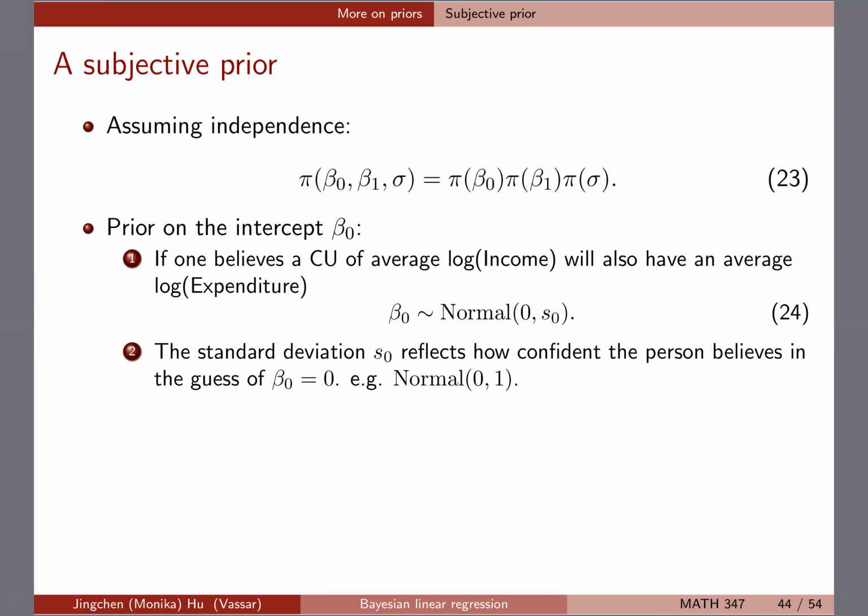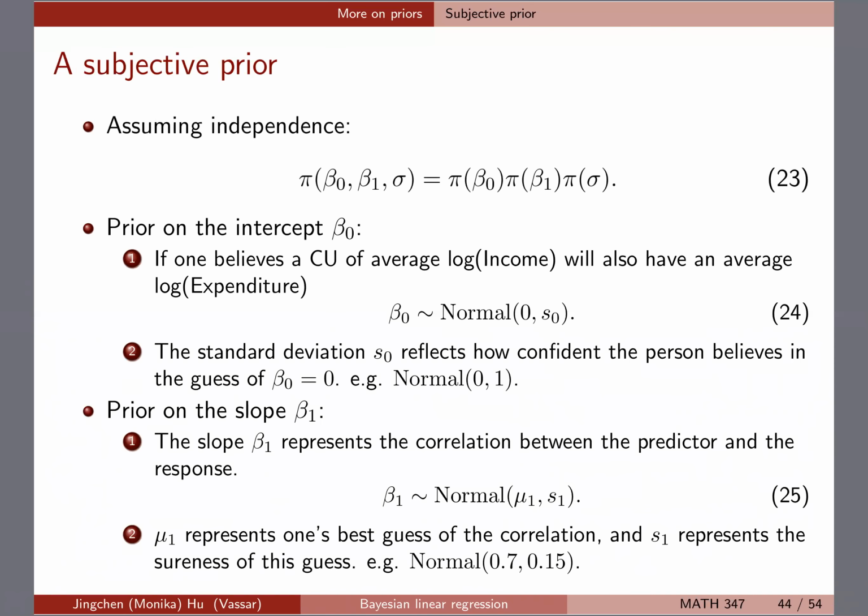And the standard deviation in the prior reflects how confident you are about this relationship. In fact, normal 0, 1 is pretty strong in that case because we already standardized the data. So you can give normal 0, 1 as the prior for beta 0 once you standardize the data.